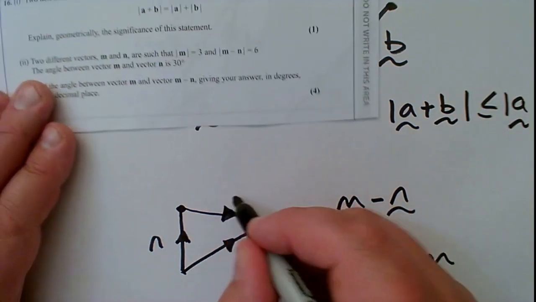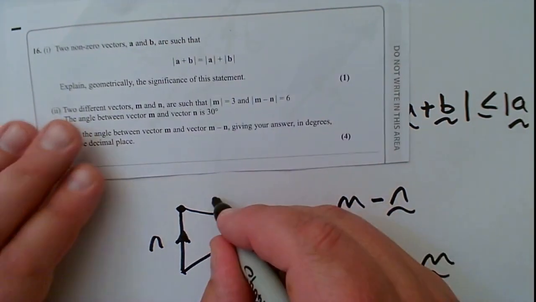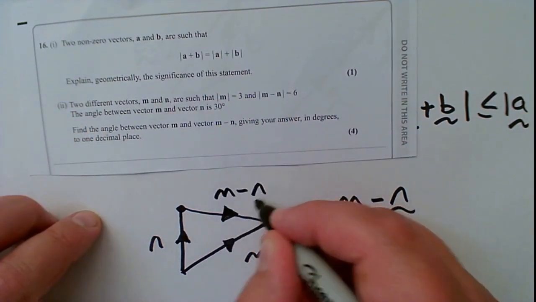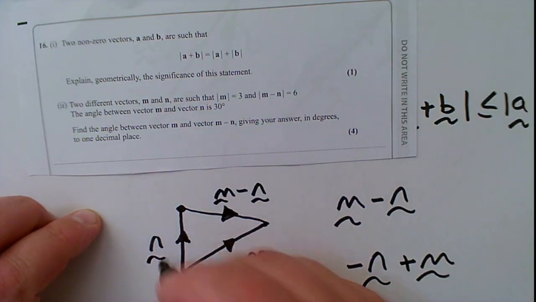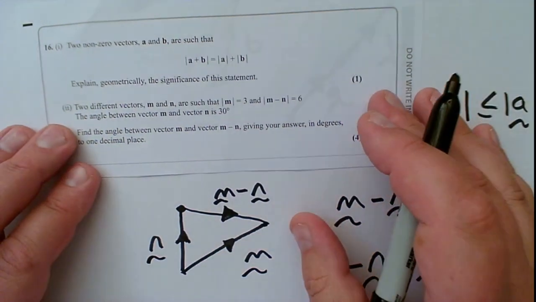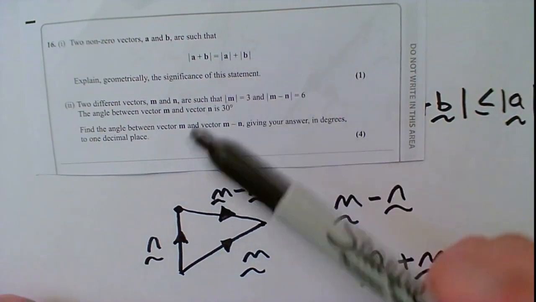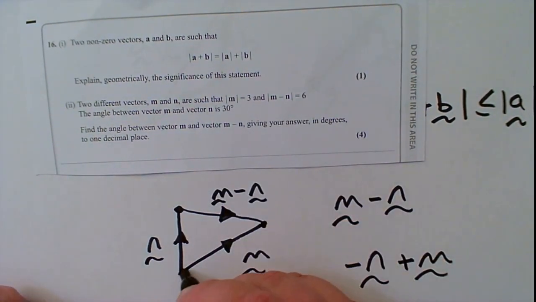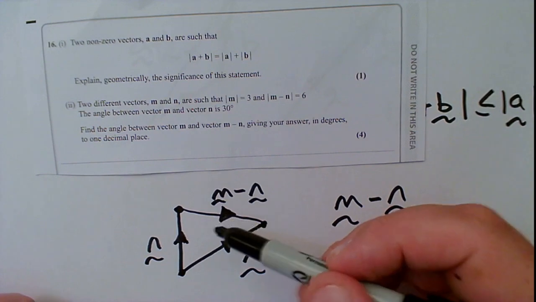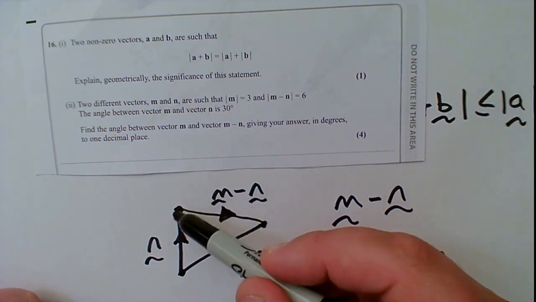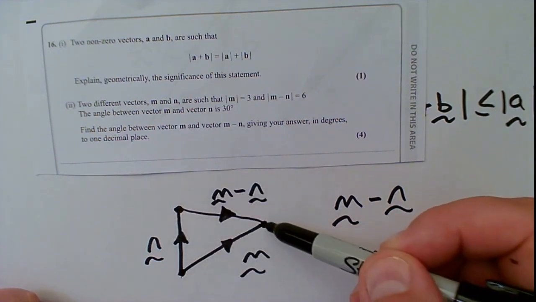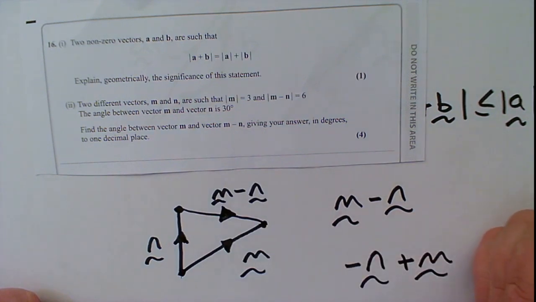So this picture is a very important picture actually, and something that has been overlooked, that I've overlooked, I'm afraid, as in delivering this stuff. Hey ho, but that's the picture that we want to see, that m minus n is minus n plus m. It gets you from there to there.